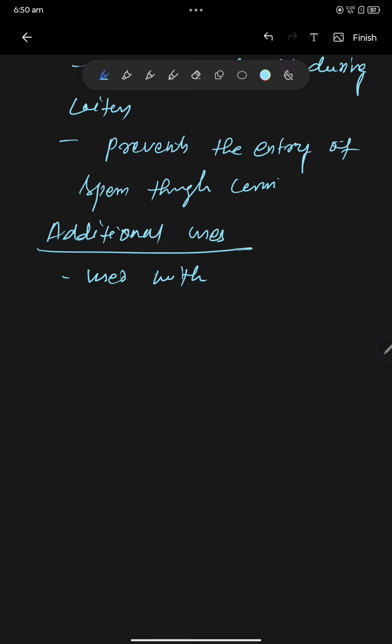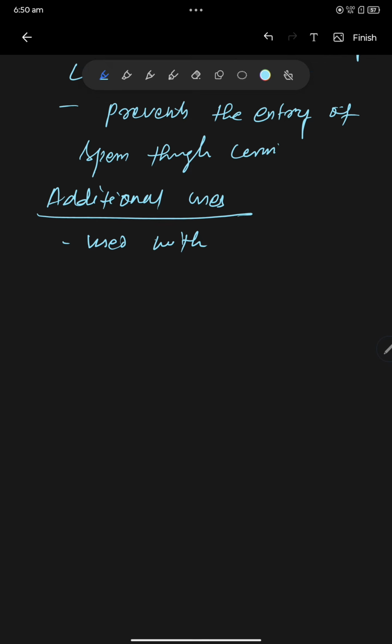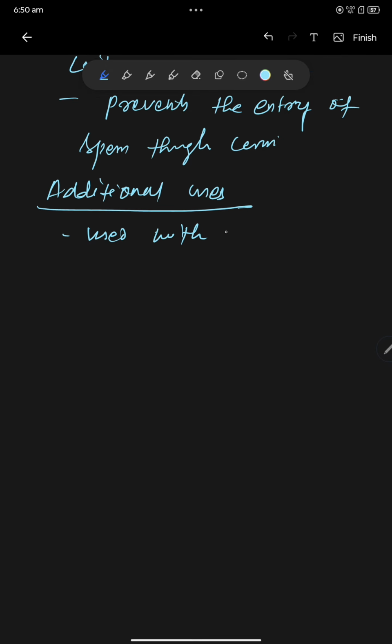The sperm will be killed. The sperm will be destroyed. So there is no chance of fertilization. So it is used with spermicidal creams, jellies, and foams.